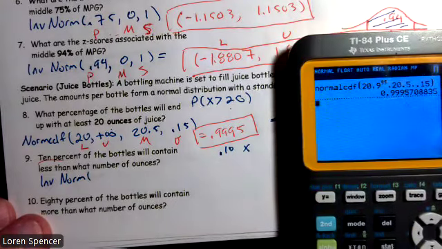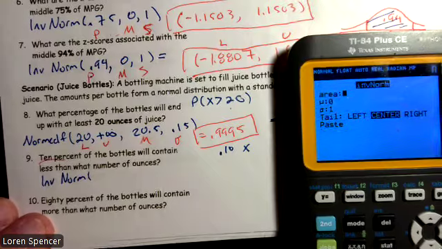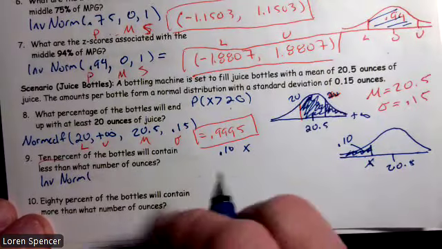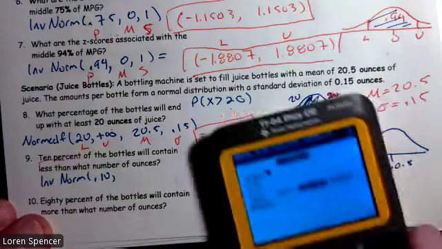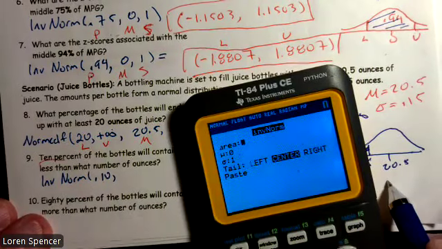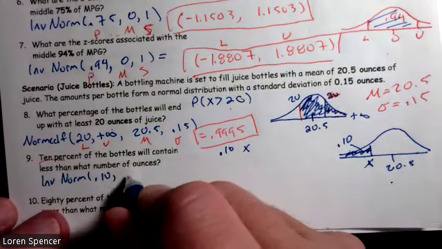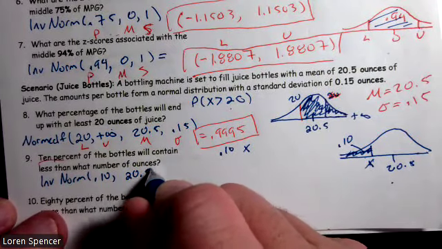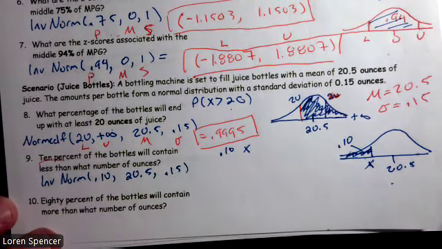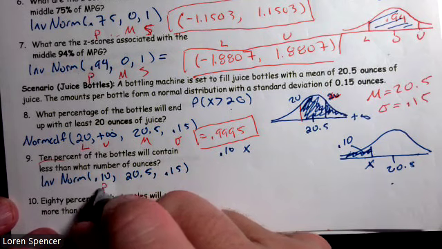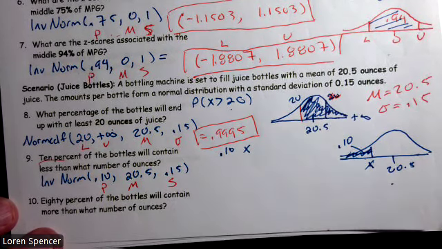What does the calculator ask for on inverse norm? Second VARS, inverse norm. It asks for the area. We know the area is 10% or 10 over 100. The mean, we have an actual mean. They're not asking for a z-score, so we have to use the actual mean, 20.5, and the actual standard deviation, which is 0.15. So this is my probability, my mean, and my standard deviation.